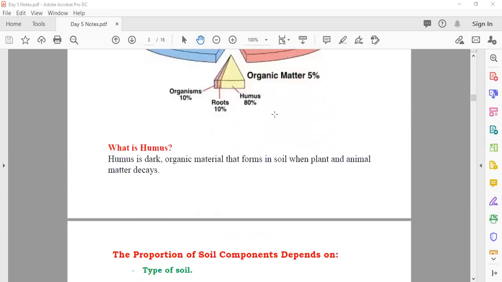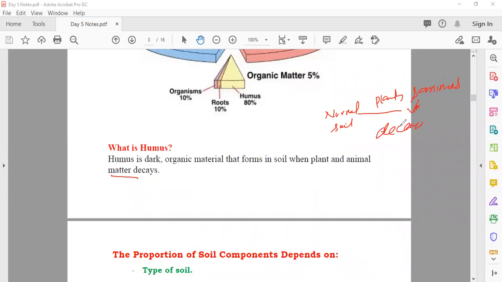What is humus? They're saying it's a dark organic material that forms in soil when plant and animal matter decays. For example, let's say this is normal soil, and in this soil, plants or some animals die and decay there.